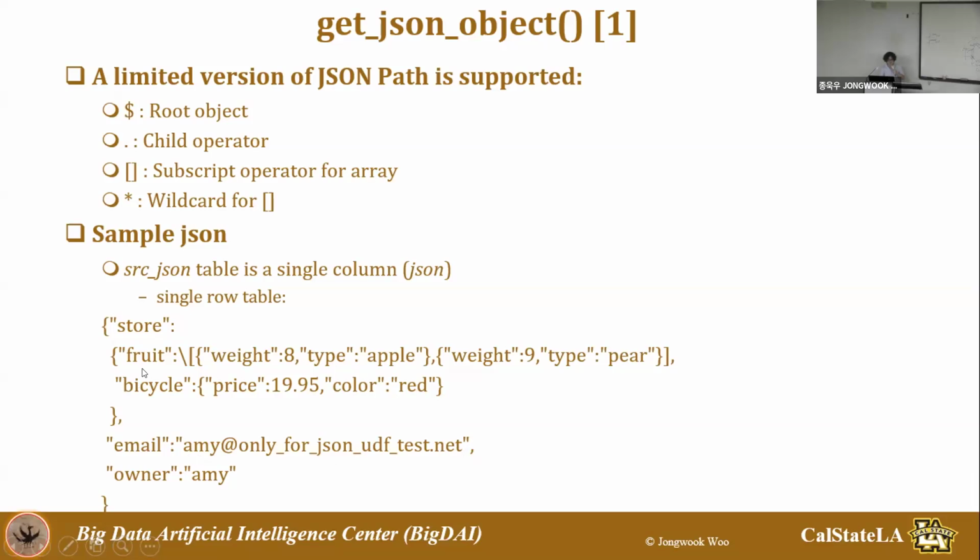But store is more complicated because it has sub elements. The store element has sub elements, fruit and bicycle. So store has two elements, like products of the store.